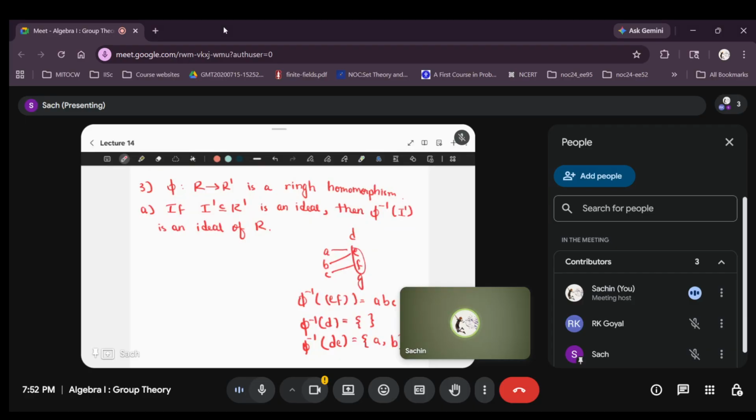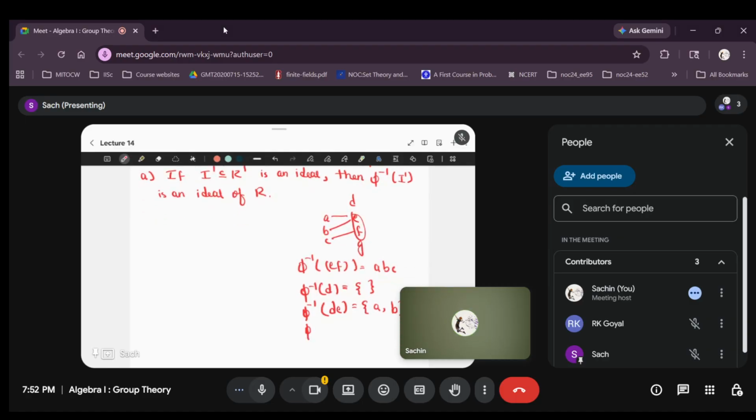Yeah, the phi inverse of FG would be... So here it's not a bijective function, so you can't take the inverse of one element. Phi inverse of E, if you took it as the function inverse, doesn't make any sense, right? Because A and B both are mapping to E. So which one is the inverse?